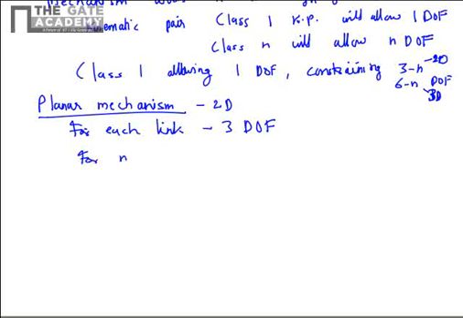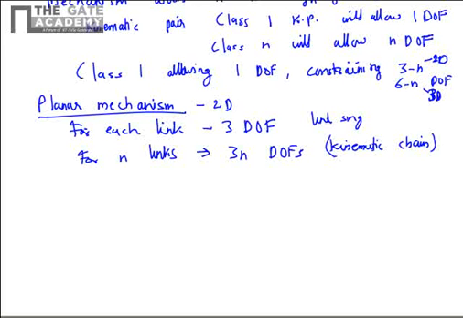So for n links, the net kinematic chain will have 3n degrees of freedom. So for a link you have 3 degrees of freedom, and for a kinematic chain you are having 3n for n number of links.